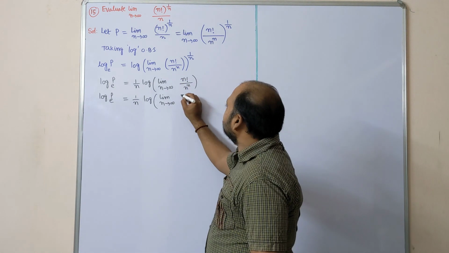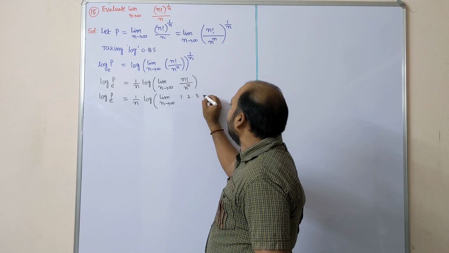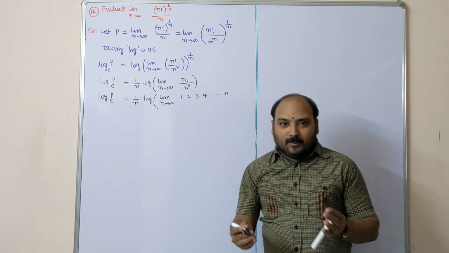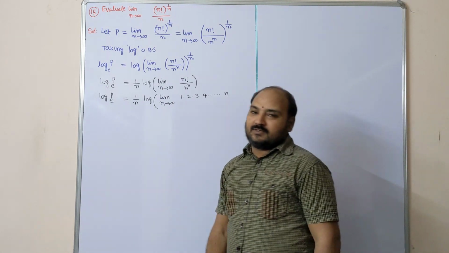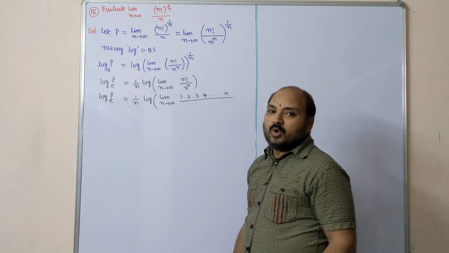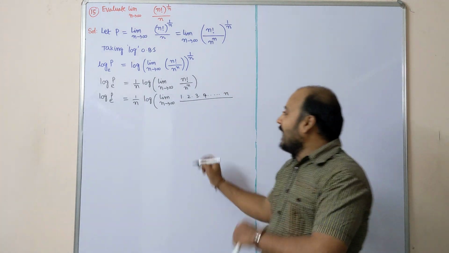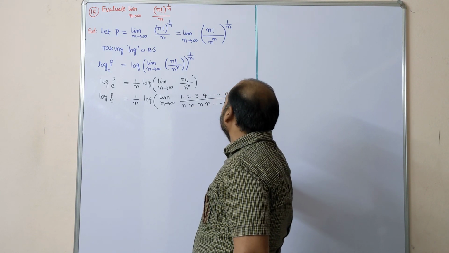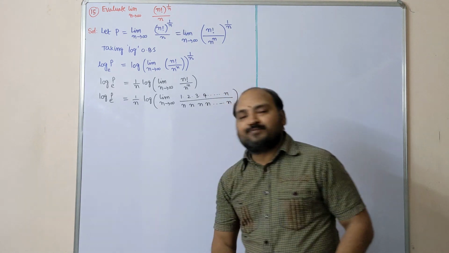N factorial means 1 into 2 into 3 into 4 and so on, the product of n terms, by n power n. So n into n and so on, n times.